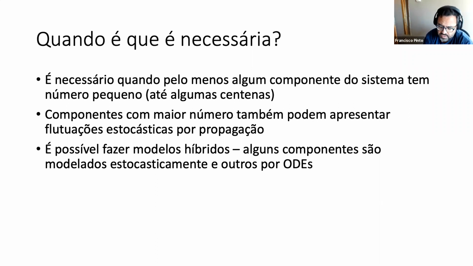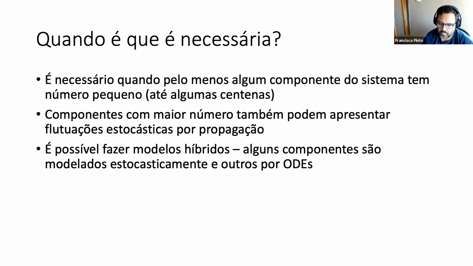So if you have a system with a mixed composition, where some variables have a very low copy number and other variables have a very high copy number, and as you will see next, the simulation of stochastic models is more computer intensive, so it consumes more computational resources.